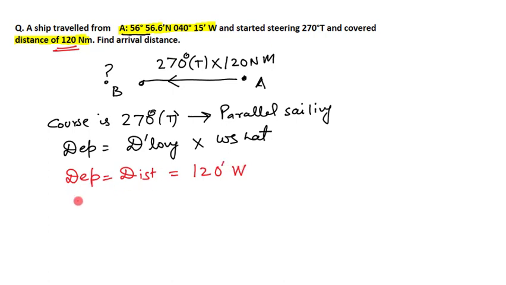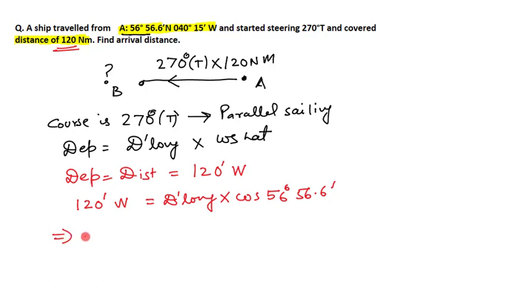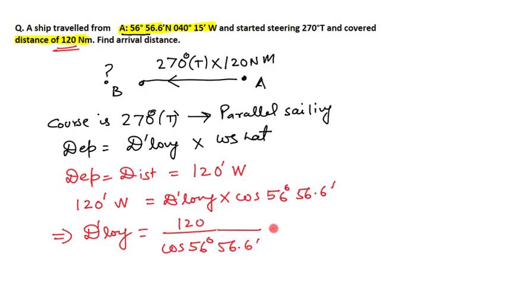So if we write here 120 minute west also, this is D long, and cos of latitude, which is cos of 56 degree 56.6 minute. So from this we can easily find the value of D long. The value of D long is 120 divided by cos 56 degree 56.6 minute.